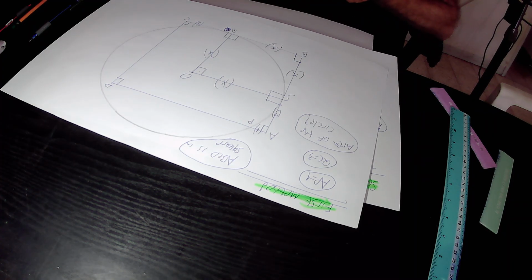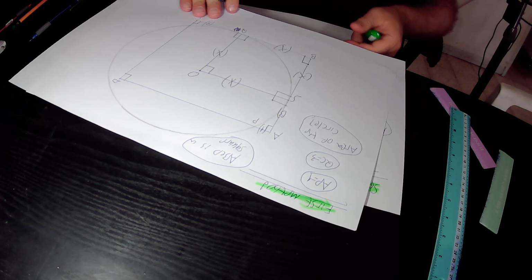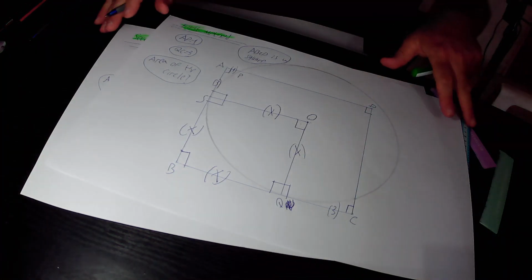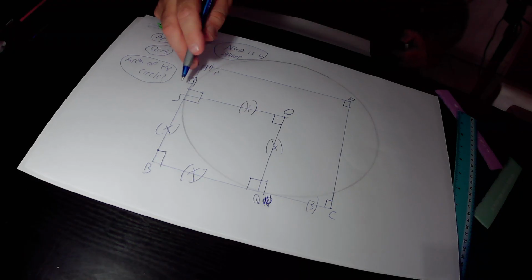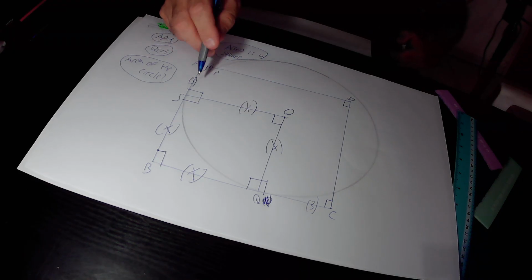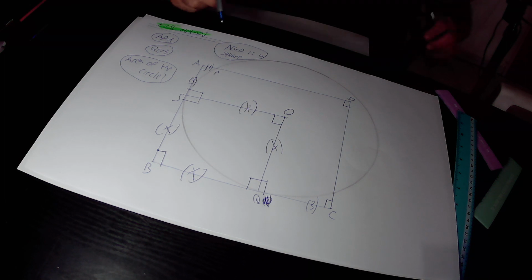In the next step, we will do a construction. That is to say, from this point P, we will draw a perpendicular on SO. Again, from point P, we will draw a perpendicular on the radius SO.